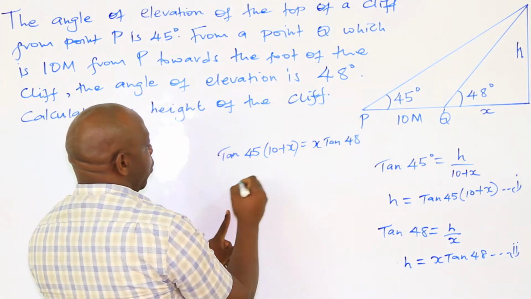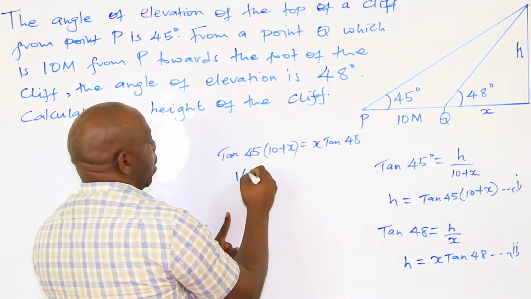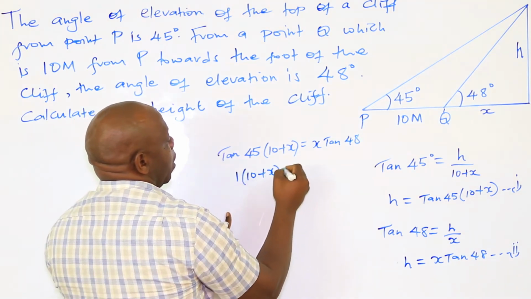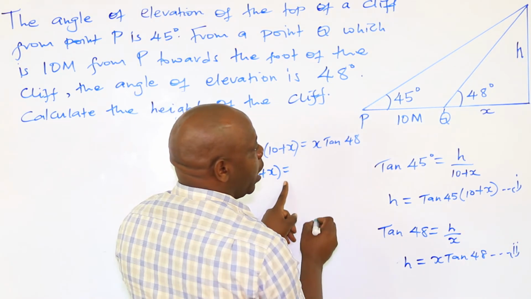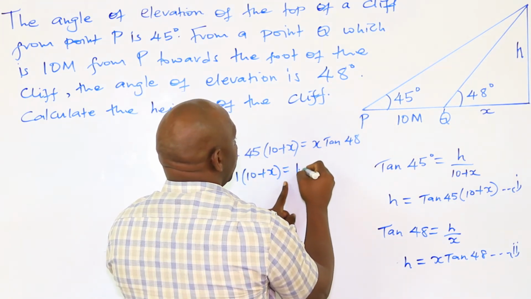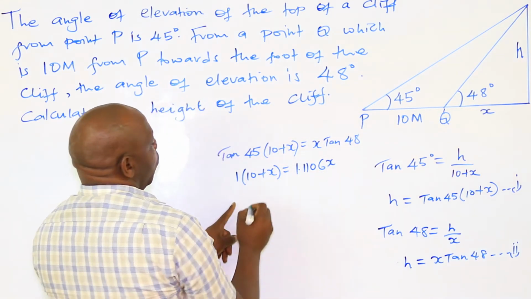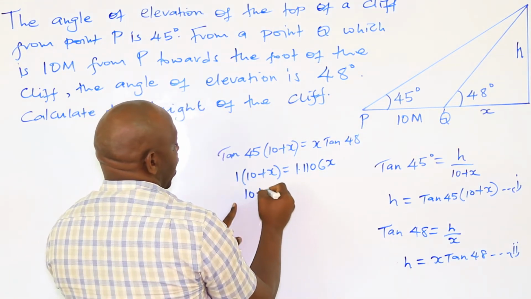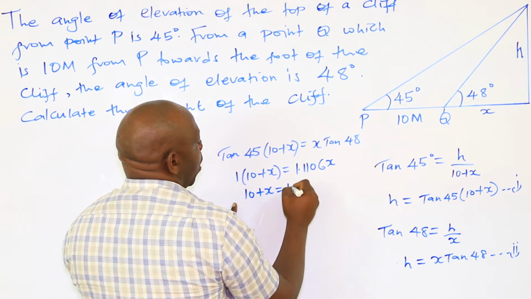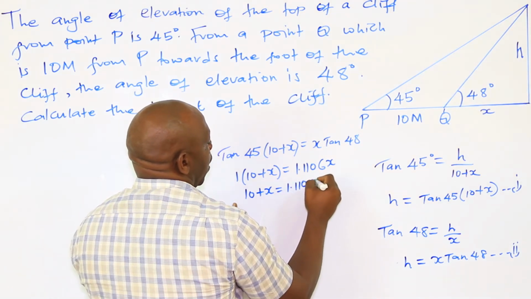Tan of 45 is 1. So 1 times (10 plus x) equals to tan of 48, which is 1.1106, times x. So if you open up, you get 10 plus x equals to 1.1106 x.